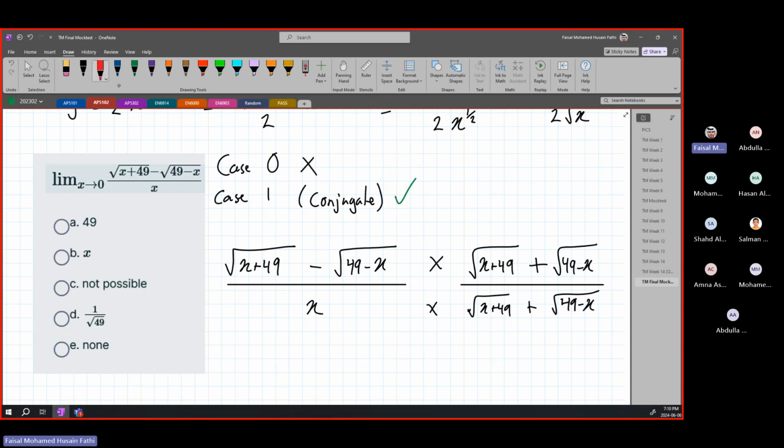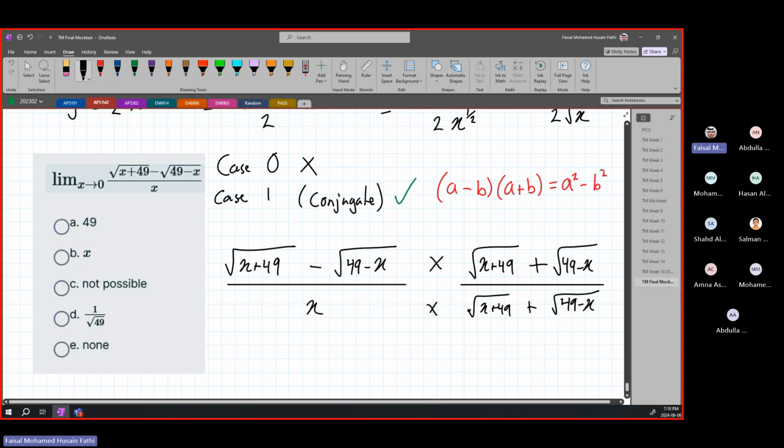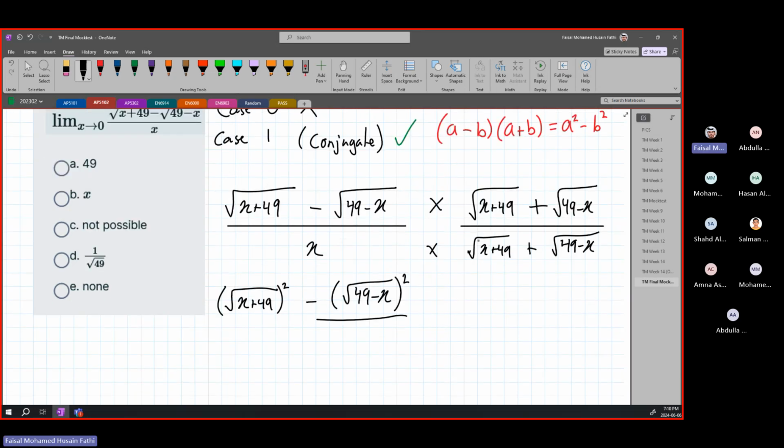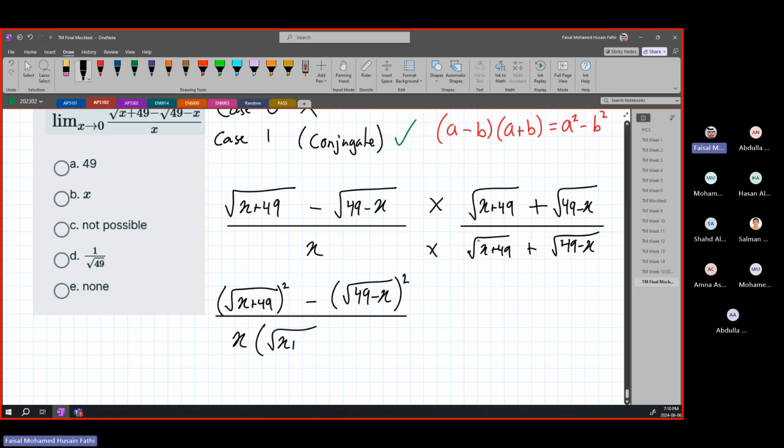Remember, the rule for conjugate is a minus b times a plus b is equal to a squared minus b squared. And that's what we are applying in the numerator. So it will become the square root of x plus 49 squared minus the square root of 49 minus x squared. And in the denominator, it's just going to be the multiplication, but do not distribute. So keep it the same way it is: x times the square root of x plus 49 plus the square root of 49 minus x.